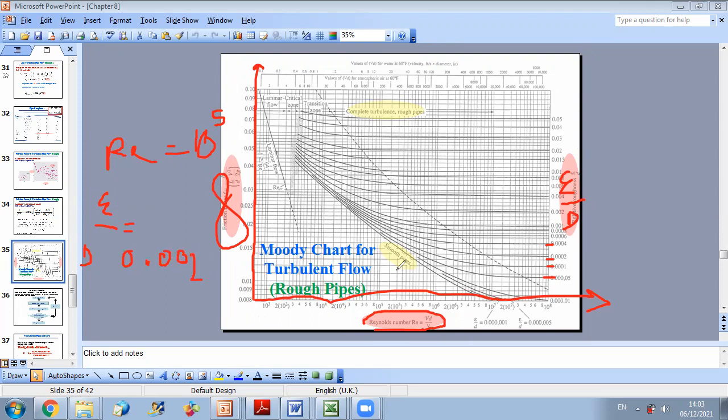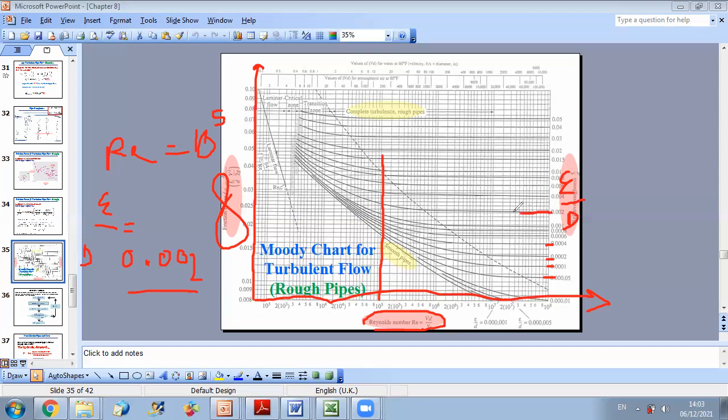I come to the Moody chart. I draw a vertical line corresponding to Reynolds equal to 10^5. I search for epsilon over d equal to 0.002. It's here.